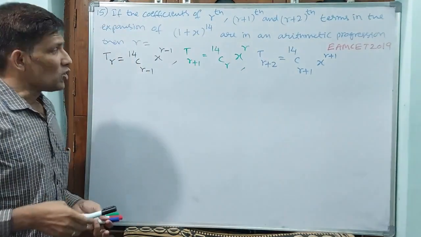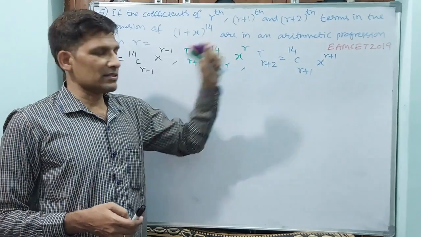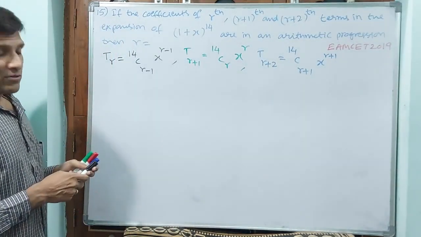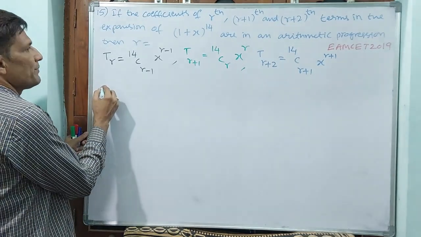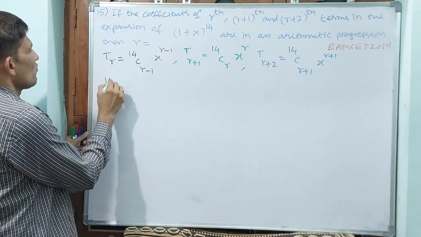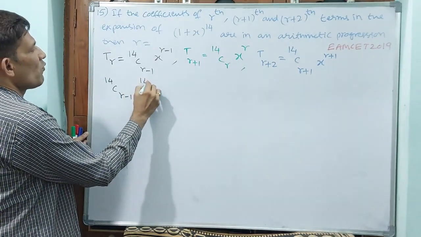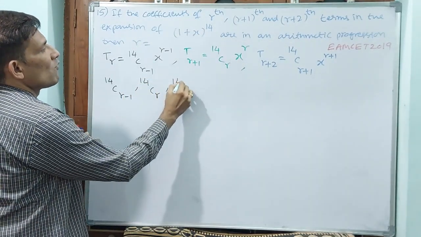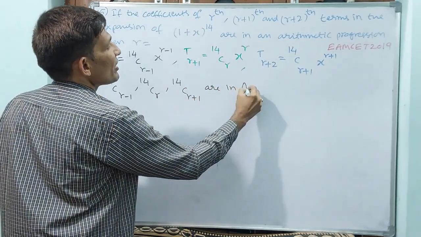Now see, you have to take only the coefficients 14 C (r−1), 14 C r, 14 C (r+1). These three are in arithmetic progression. I am writing once again: 14 C (r−1), 14 C r, 14 C (r+1) are in AP.